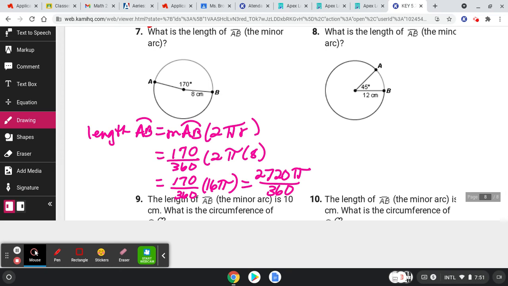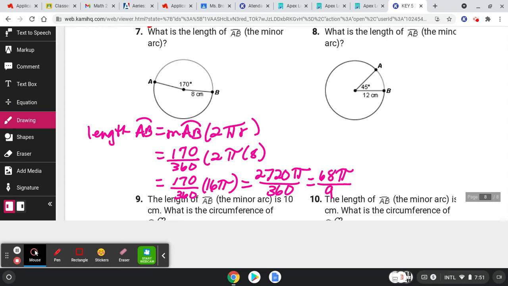So 2720 divided by 40 gives us 68. And then 360 divided by 40 gives us 9. And so here's my pi answer, 68 pi over 9. And then you go get me the approximate answer, please.